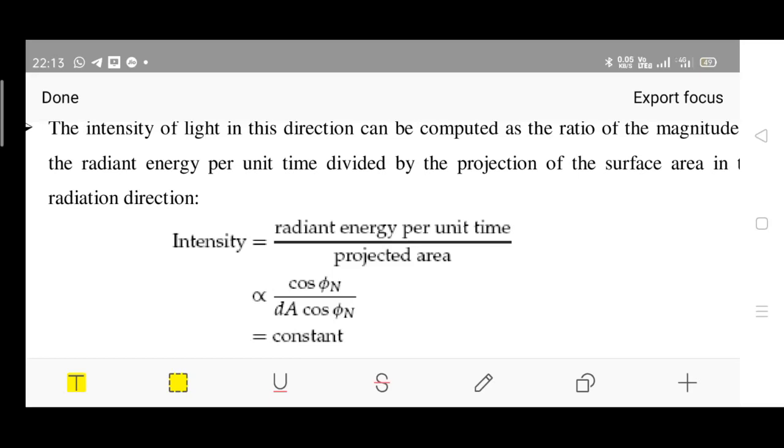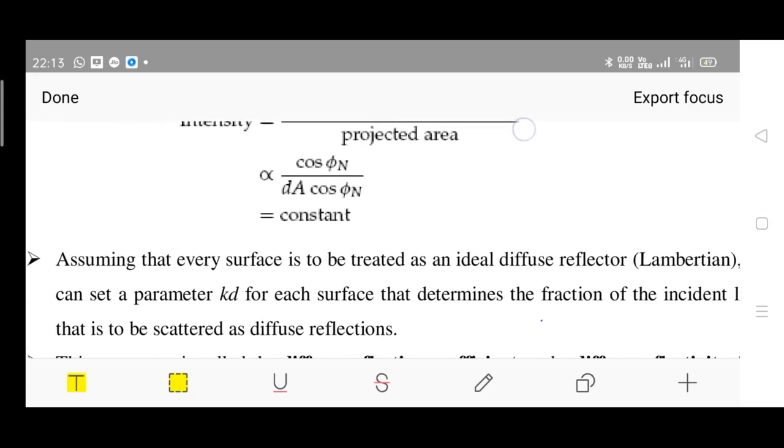So intensity is directly proportional to the radiant energy per unit time, which is defined as cos phi n as per Lambert's law, divided by dA into cos of the projected area. Of course, it is the multiplication of two values: one is cos phi n multiplied with dA, the base. Since it is marked as a constant value.